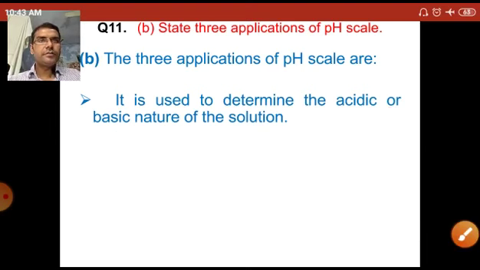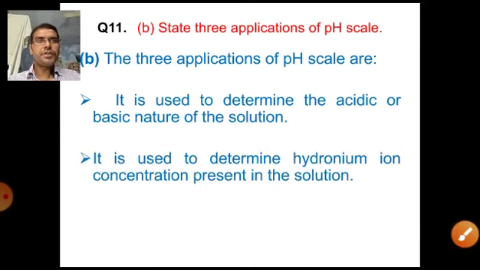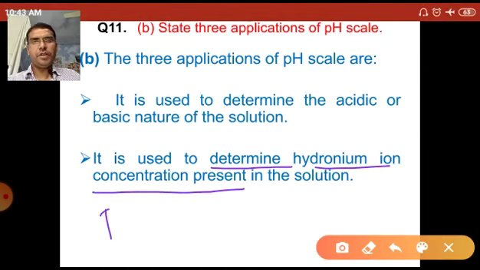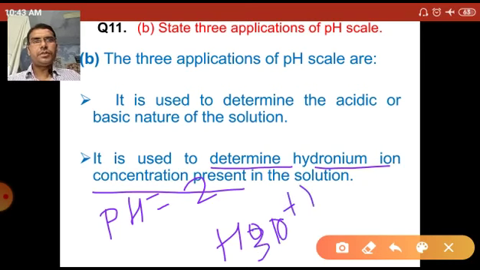Now the next application of the pH is, it is used to determine the hydronium ion concentration present in solutions. If the pH value is 2, then after calculation the H3O+ concentration equals 10 to the power minus 2.